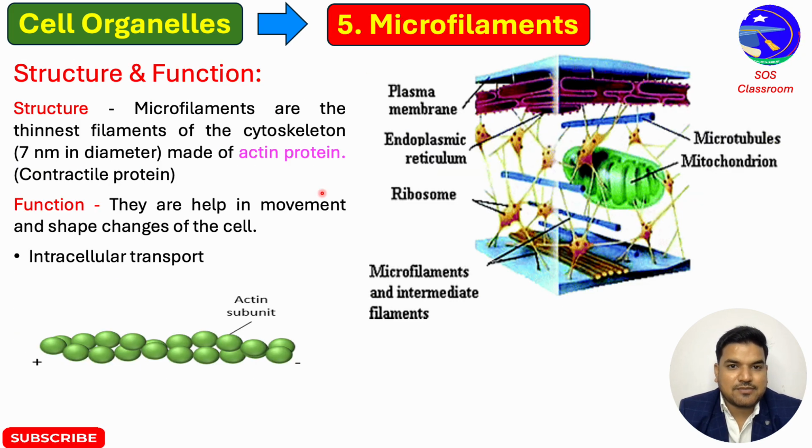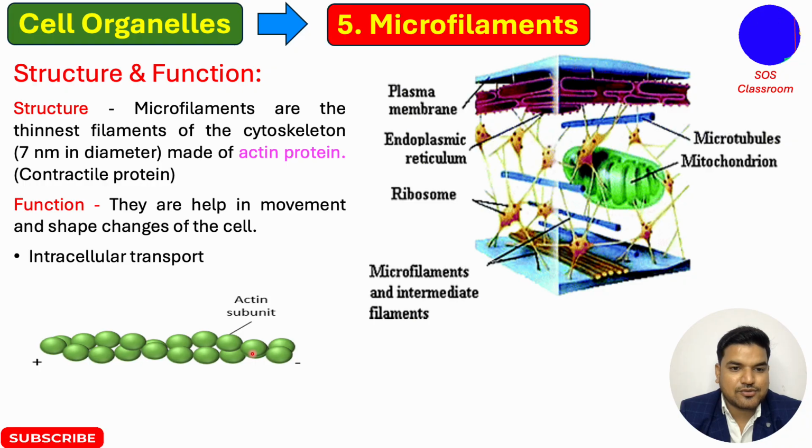Next are the microfilaments. There are different types of filaments, or we can say cytoskeleton, present inside the cells to maintain the cell structures. Microfilaments are the thinnest filaments of the cytoskeleton, 7 nanometers in diameter, made of actin protein. Actin is a contractile protein which helps with the movement and shape of the cell.